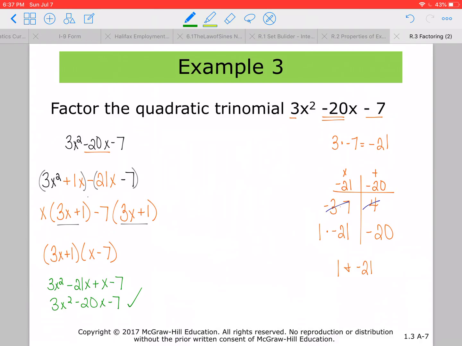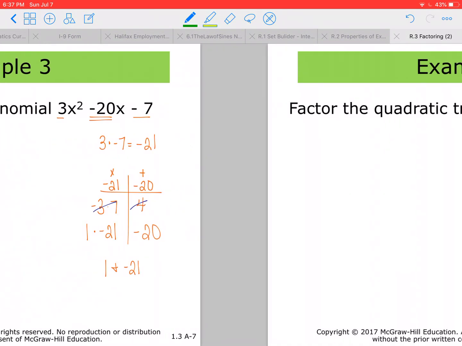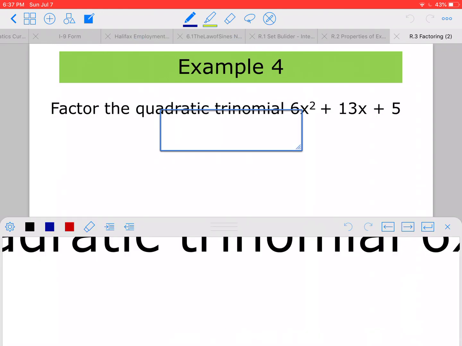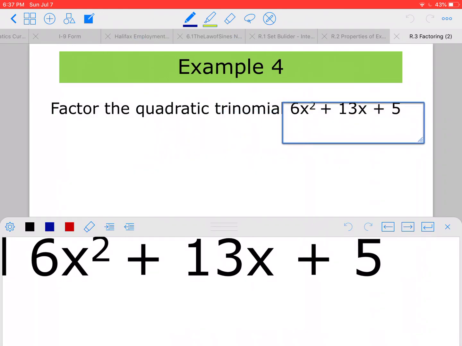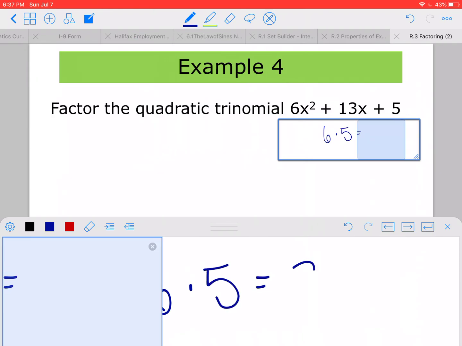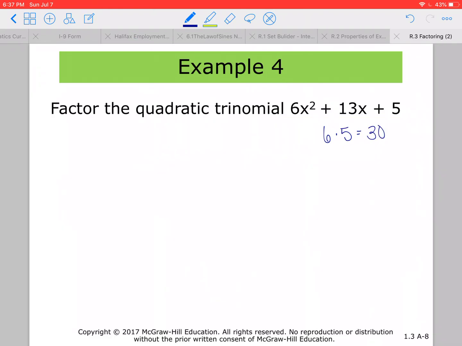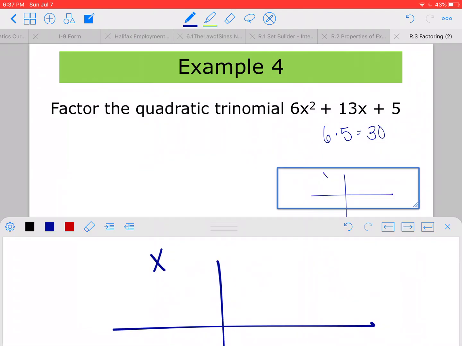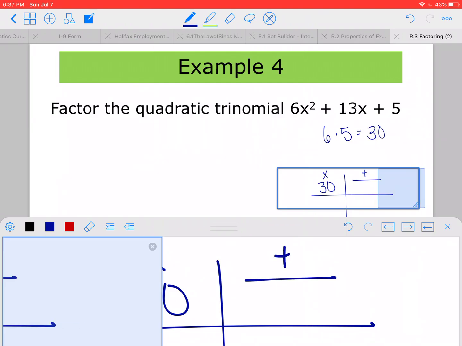Let's look at some more examples of this. So, same thing again this time. We've got 6 times 5. That's 30. So we're going to ask ourselves what multiplies to give us 30 that adds to give us the number in the middle, 13.